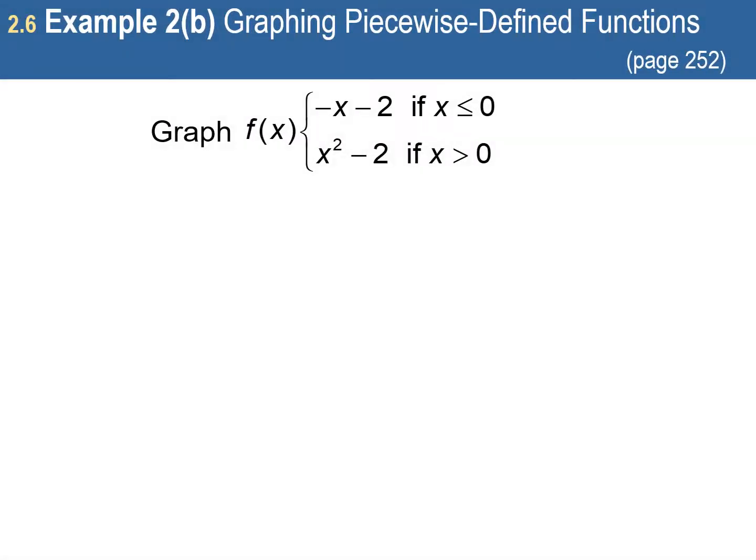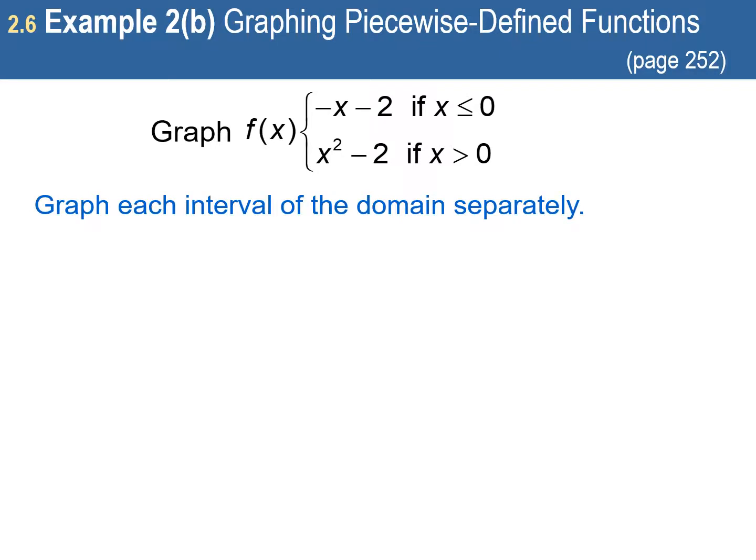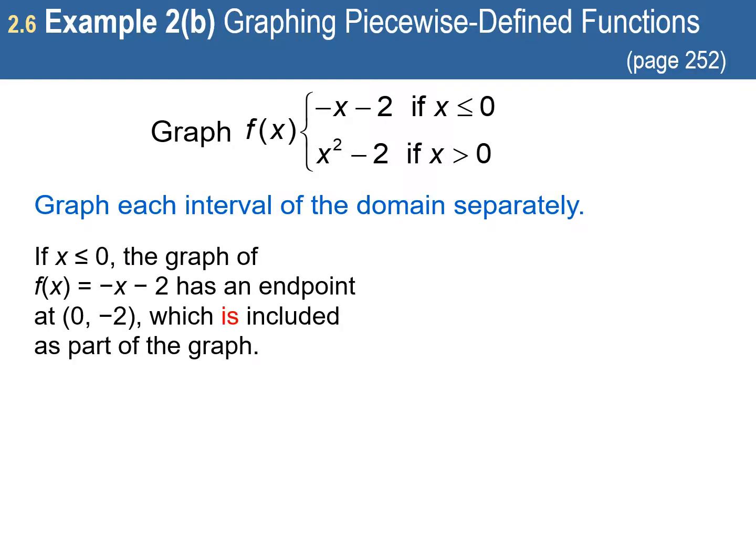So suppose I want to graph f of x is negative x minus 2 when x is less than or equal to 0, and f of x is x squared minus 2 when x is greater than 0. Graph each separately. When x is less than or equal to 0, you check the endpoints. Put in x equals 0.